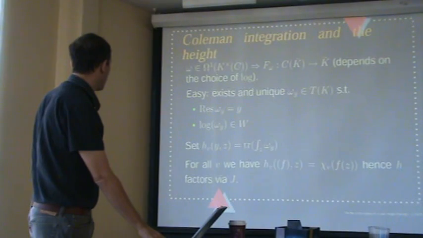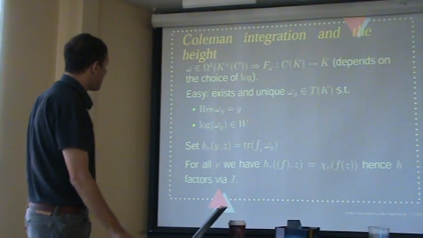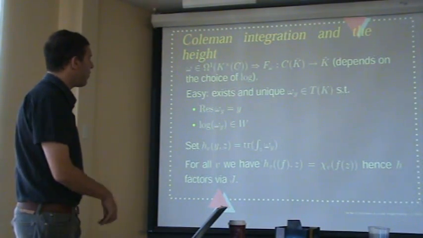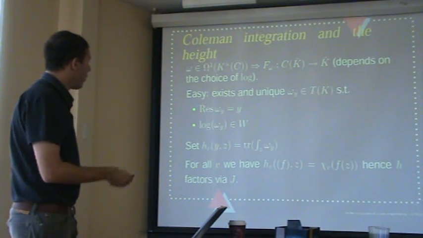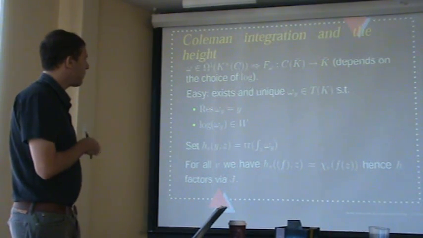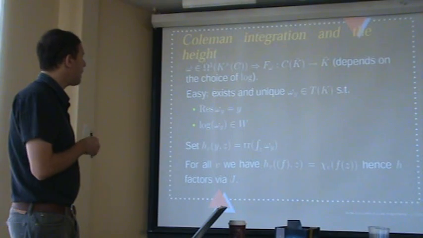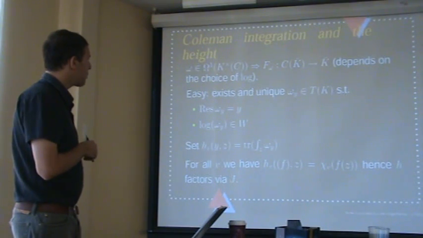And so that's the definition of the Coleman-Gross height pairing. Now one observes the following point: in both definitions, both for primes dividing p and for primes not dividing p, there's the following property.